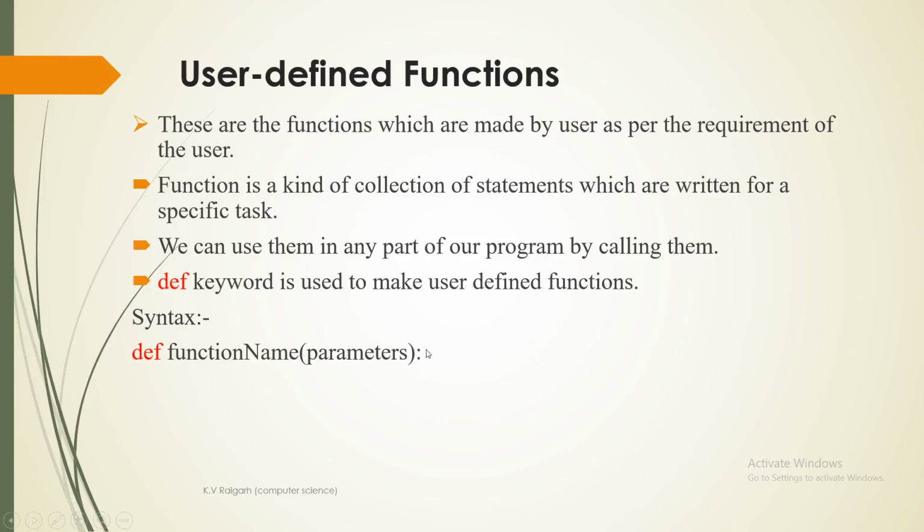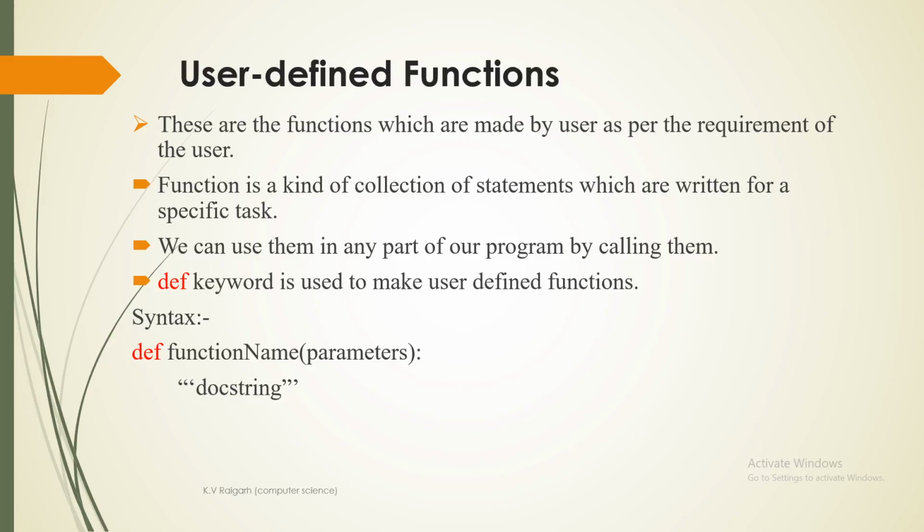After writing a colon, you will press enter and then your cursor will automatically give some indentation, and inside the function the first statement you write is called the docstring. What is a docstring? A docstring is a simple description about your function, about what kind of task your function is going to perform. This docstring will help the user who is going to use your function.